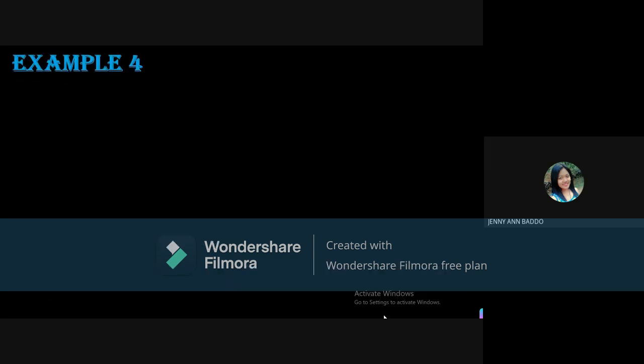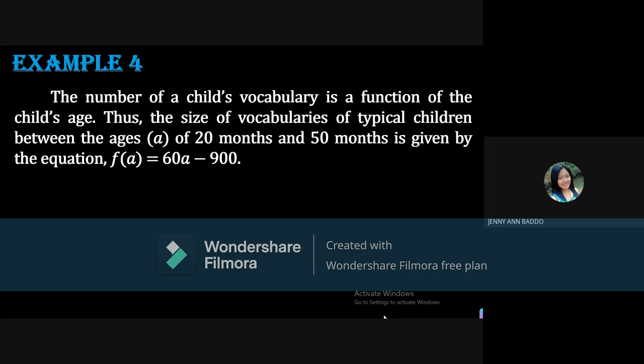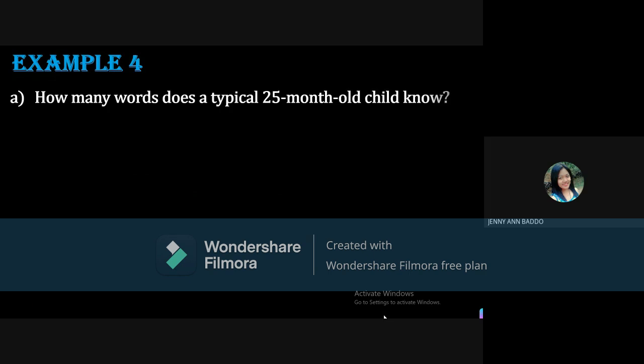Since the problem already gives the working equation, or the working function, we have f of a equals 60a minus 900. To solve the questions, we simply substitute values for a. For the first question, how many words does a typical 25-month-old child know? We have a equals 25.